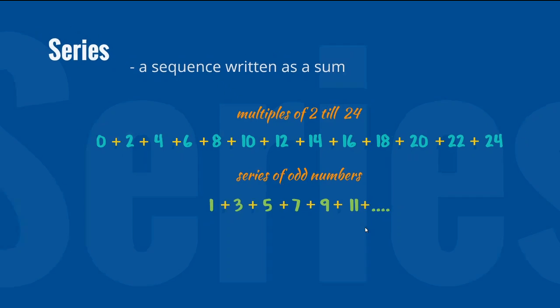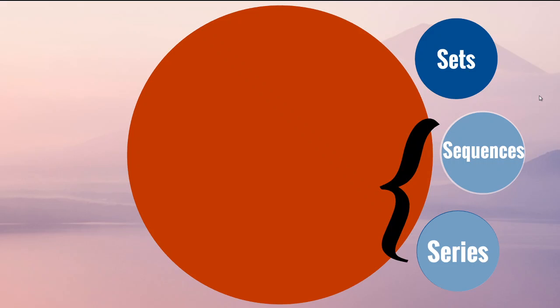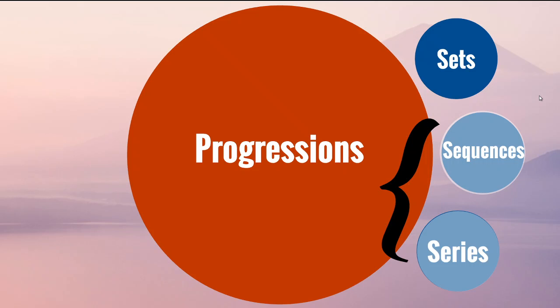So sequences and series are almost the same thing. Sets are different, because a set doesn't have any order, but sequences and series both have order. Both of them are based on a specific order, so they have a common name, called progressions. Progressions is a common name for sequences and series, because a progression could be either a sequence or a series.